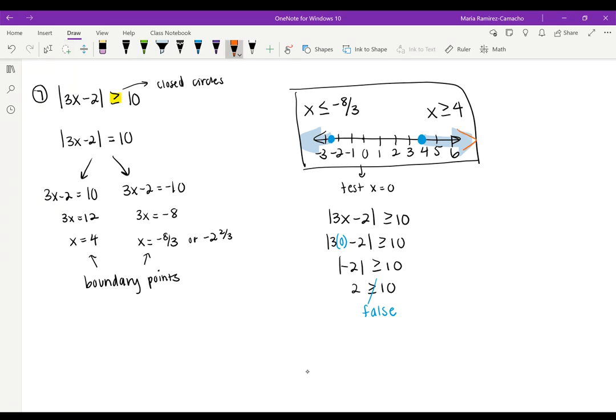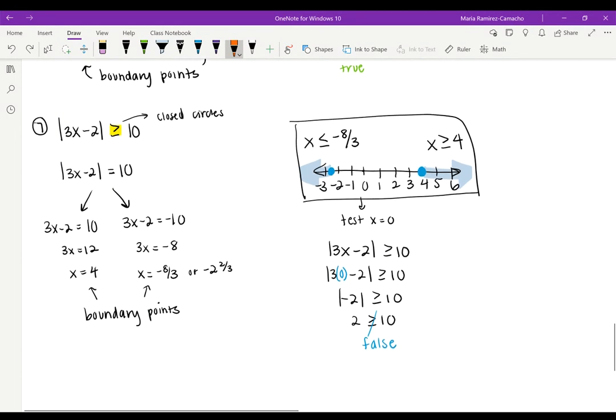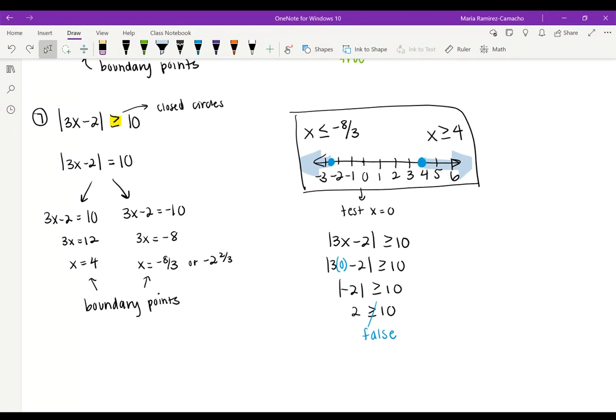Our inequality is kind of pointing to the right. Similarly, we've got shading to the left and an inequality pointing to the left. So there's our complete solution. We are done. Make sure that you have both the number line and the inequality written algebraically.